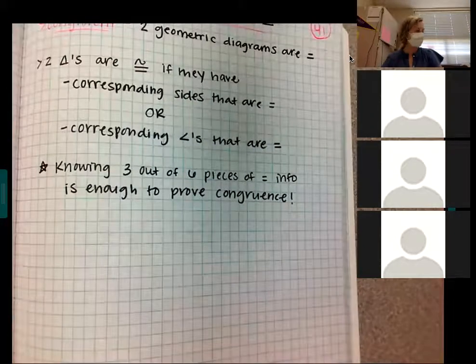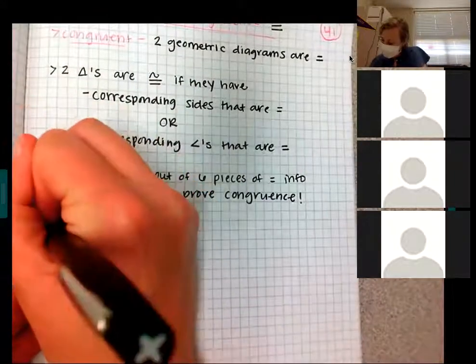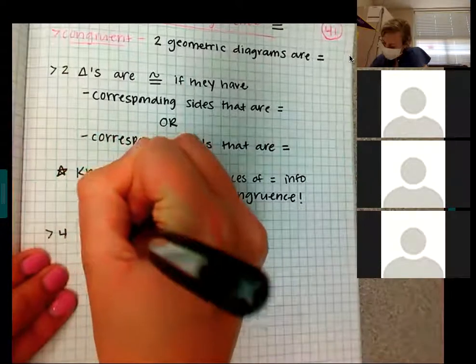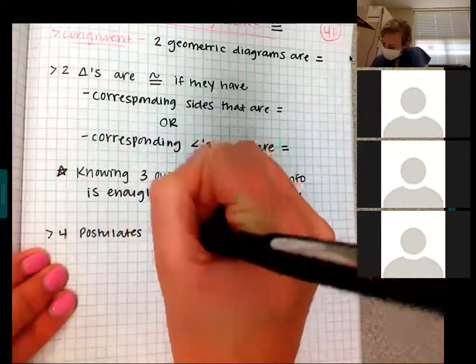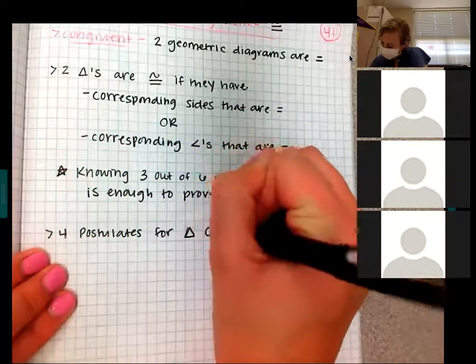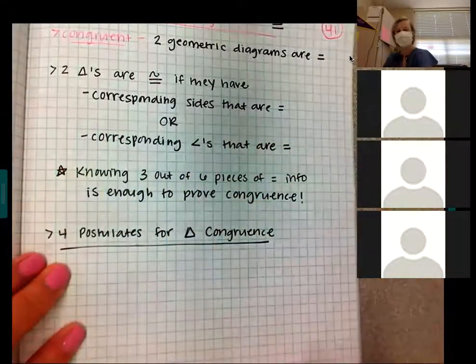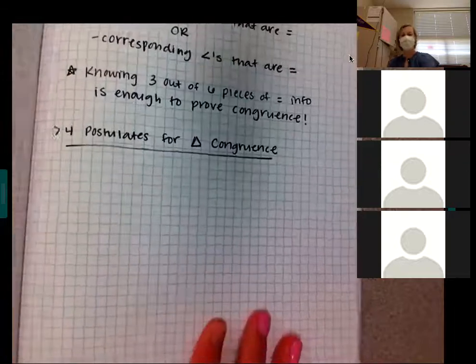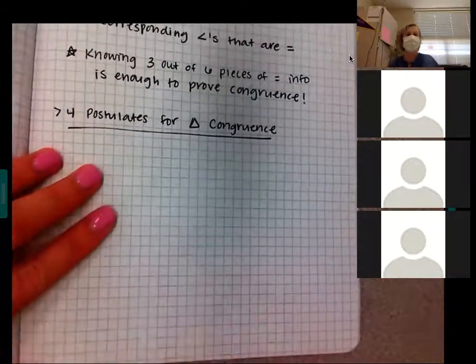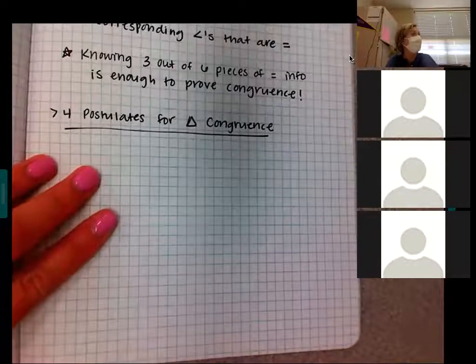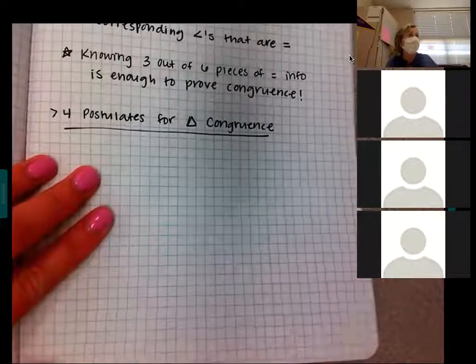So these are the four postulates for triangle congruence. We'll talk about the fifth one next week if we need it. Postulate is just another name for rule.